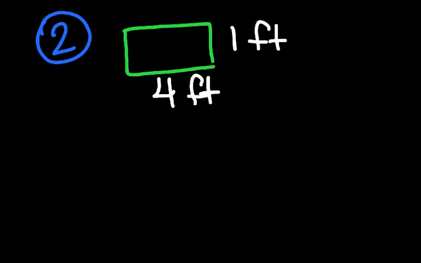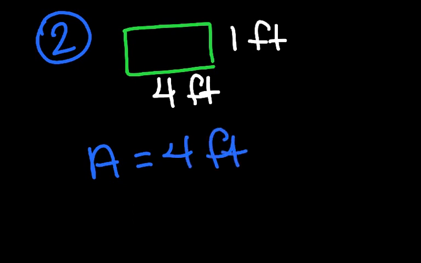Once you have that information, you should be able to find the area and the perimeter. Area equals base times height, which 4 times 1 is 4. Perimeter is going to give you all of them added up, so 4, 8, 9, 10.